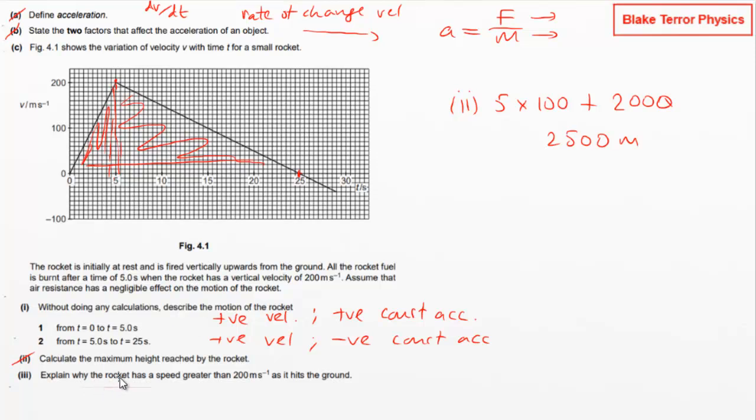Explain why the rocket has a speed greater than 200 meters per second as it hits the ground. Right, okay. So it's got to 200 meters per second after 5 seconds, but that's not the maximum point.